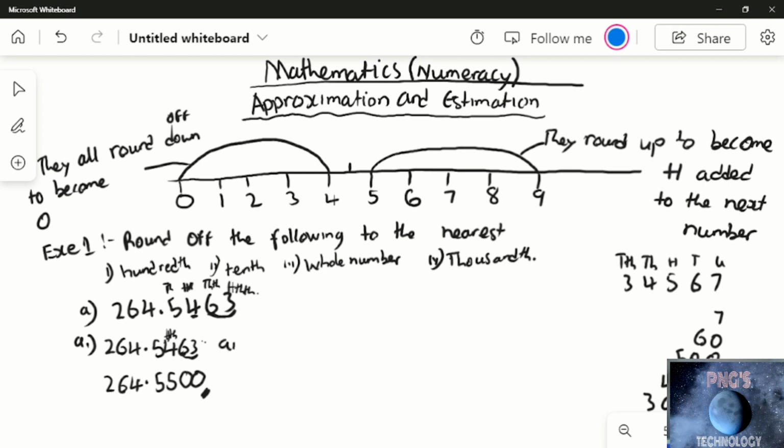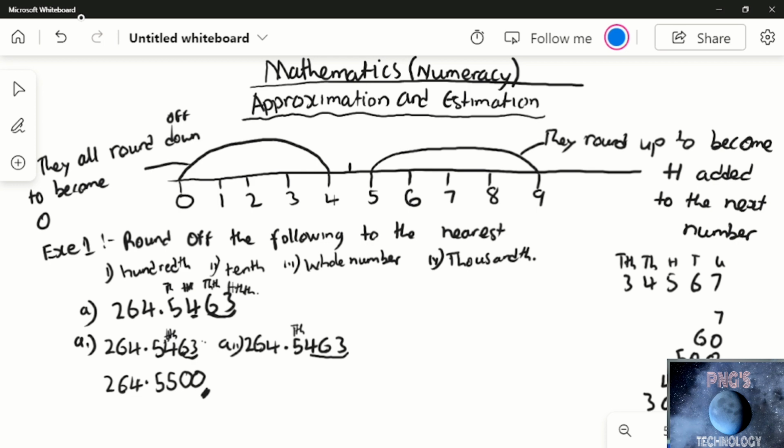A2, we have 264.5463. The nearest tenth. So this is tenth. So we're rounding up this value.